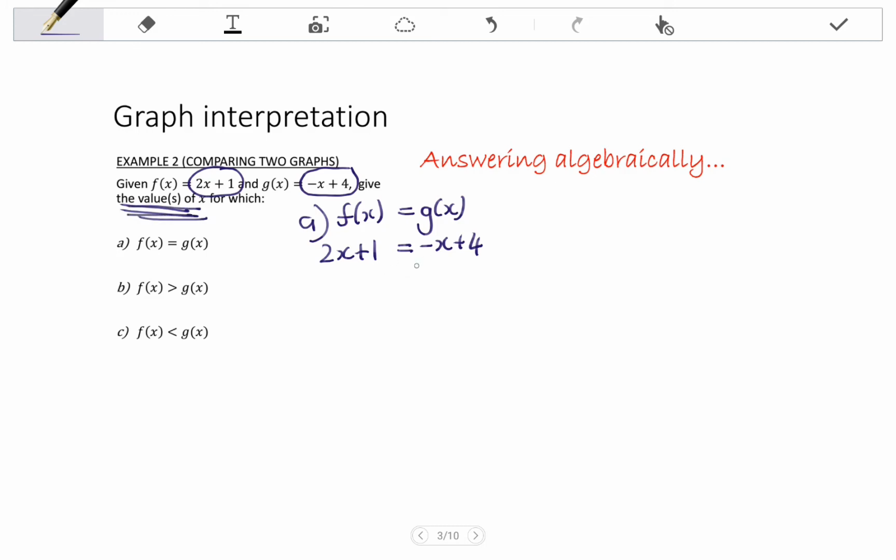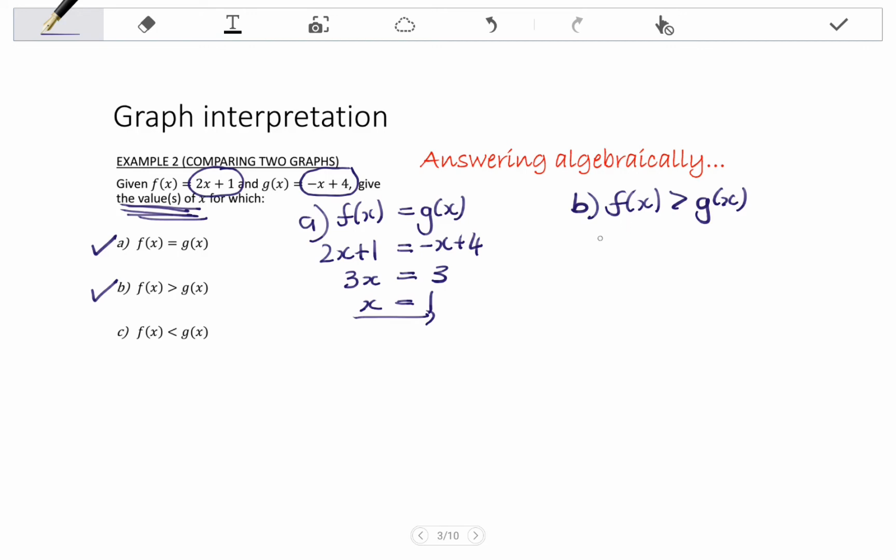So I add x, so I have 3x, and I'm going to subtract 1. 4 minus 1 is 3, divide by 3, and I get x equals 1, which was the same answer we had found previously. Okay, so part B asks where f of x is greater than g of x.